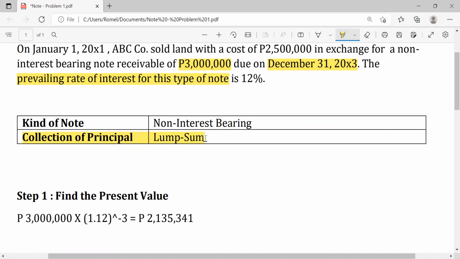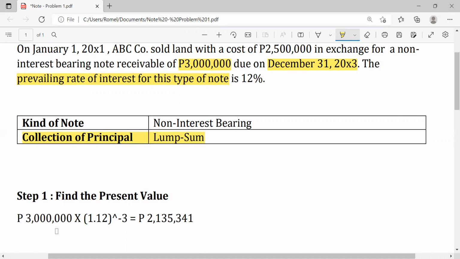Because this will have an implication on the kind of formula that we will be using. Since the collection of the principal is lump sum, we will be using the PV of 1. So what is the formula if we use the PV of 1?